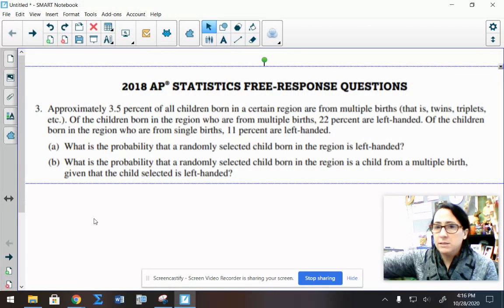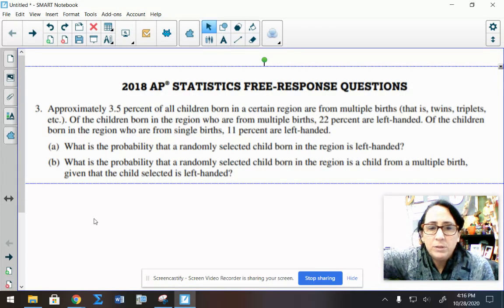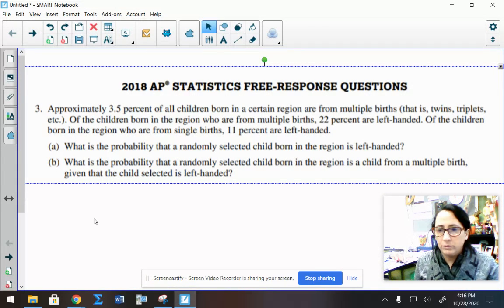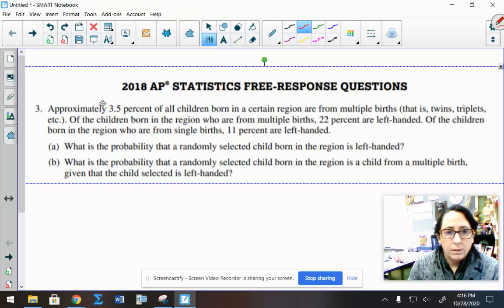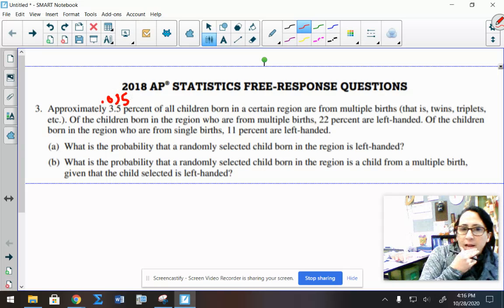It says approximately 3.5% of all children born in a certain region are from multiple births. So 3.5% would be 0.035 as a decimal. And of the children born in the region who are from multiple births, 22% are left-handed.